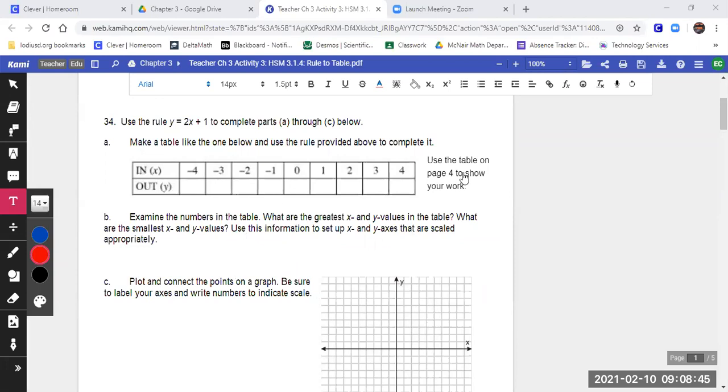All right, so we're going to go down to page 4. We're going to work out the question. What I'm going to do to make it easier on myself is I'm going to take a screenshot of the equation, and I'm going to take it with me down to the bottom.